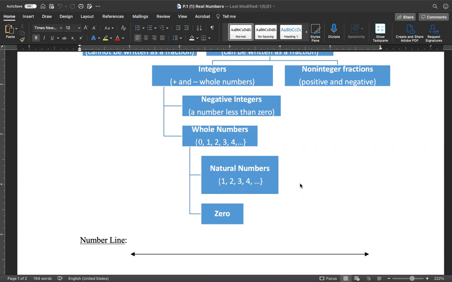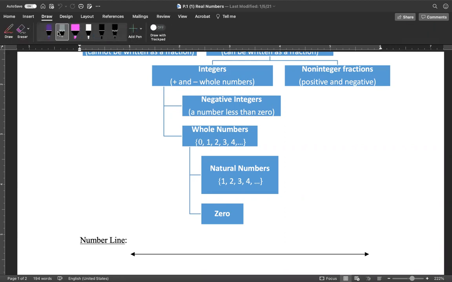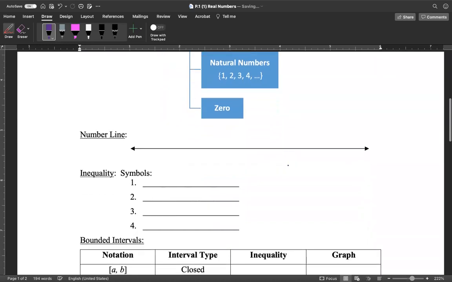Whole numbers include 0, and they go in the positive direction to infinity, but natural numbers start at 1 and go in the positive direction towards positive infinity, okay? So I remember that whole numbers start with 0, because it has an O in the word whole. Okay, so whole starts with 0, natural does not. And then we just have our number 0.